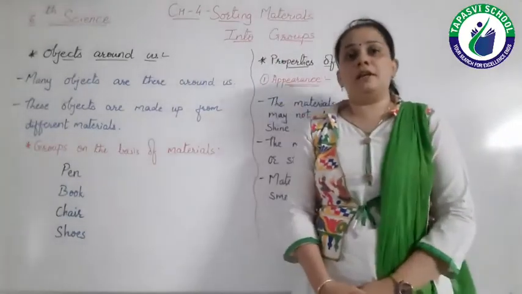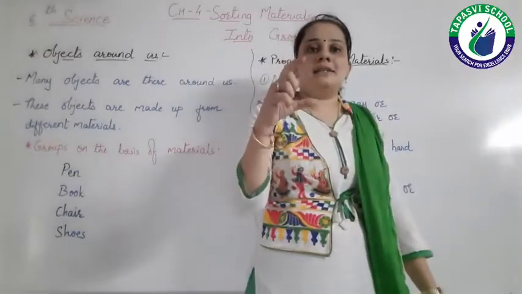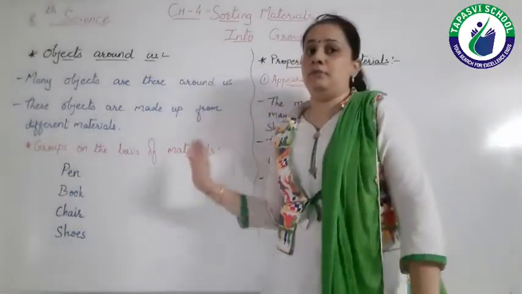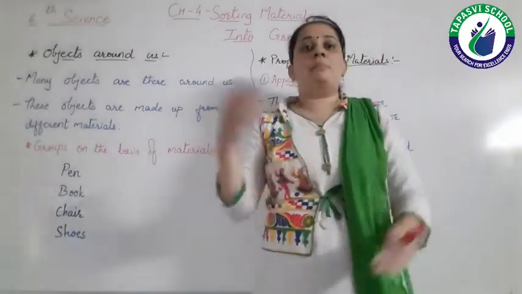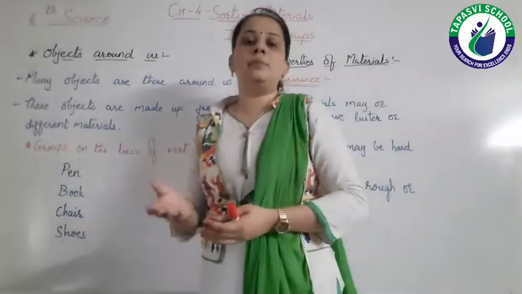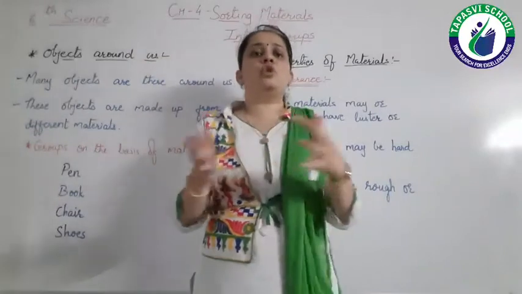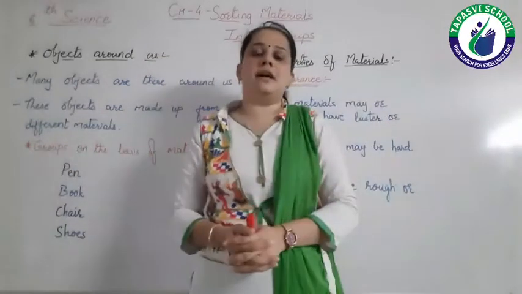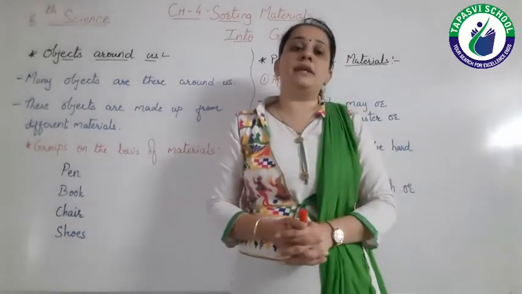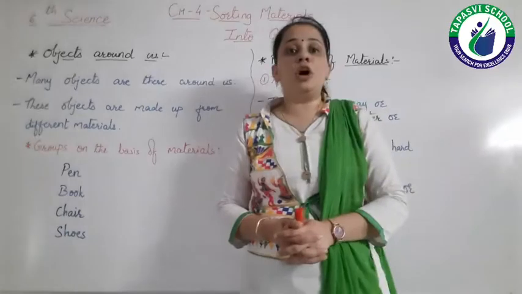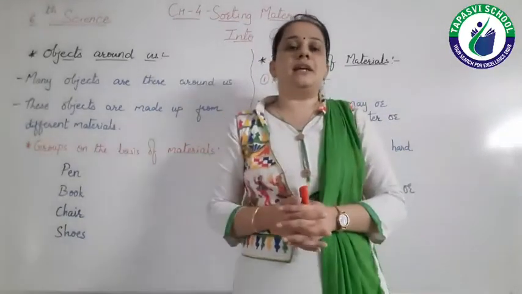Say for example, a tennis ball, a football, a glass, a softboard, a whiteboard, marker, eraser, duster, benches, chair, table, variety of food, variety of clothes, so many things around us. But all the things are different from each other.